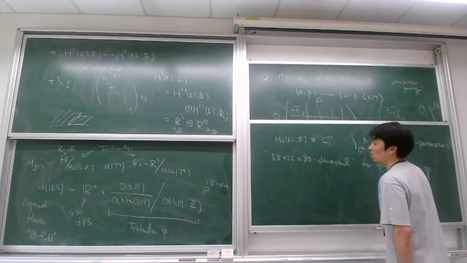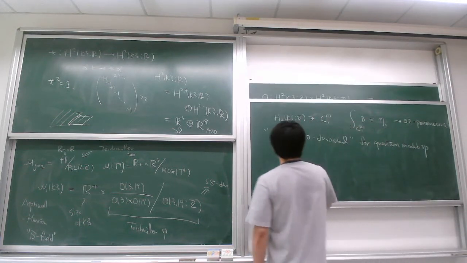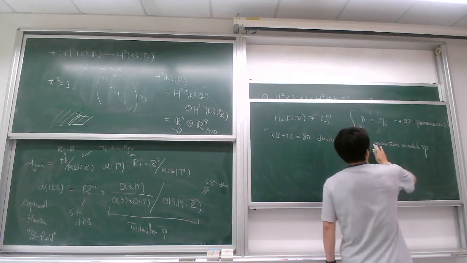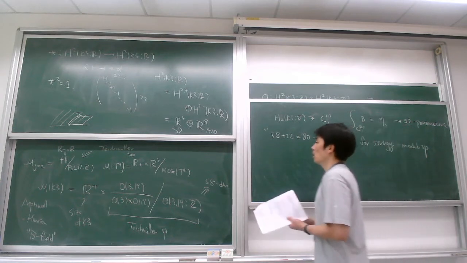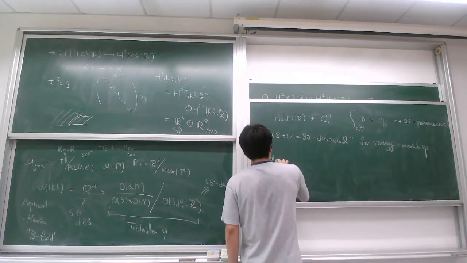Indeed, the quantum or stringy modular space, sometimes called the stringy modular space because the B field is a stringy object.